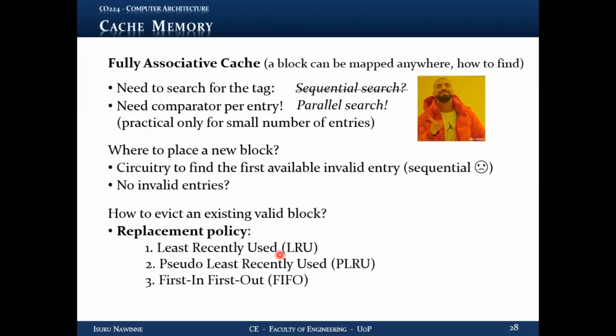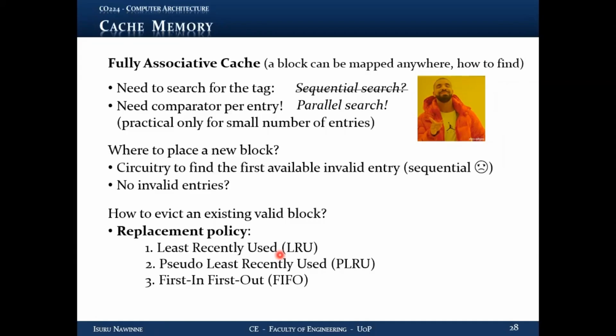But designing a cache controller to do that is very complex and difficult. We need to keep track of when each cache block was last used, so the last use of each cache entry has to be stored. We have to timestamp it every time you reference a piece of data, whether you read or write a particular cache block.